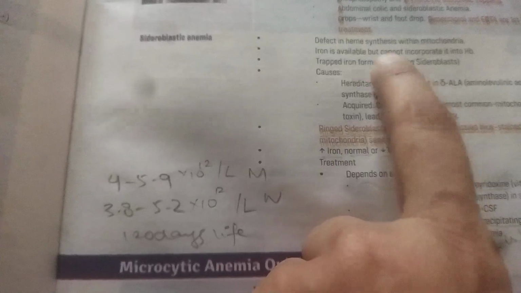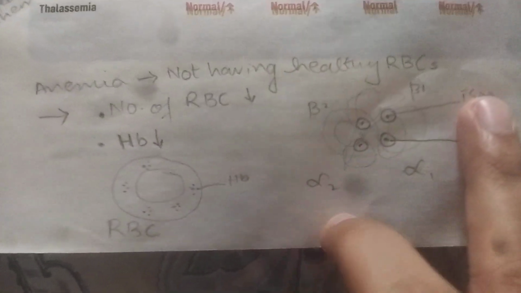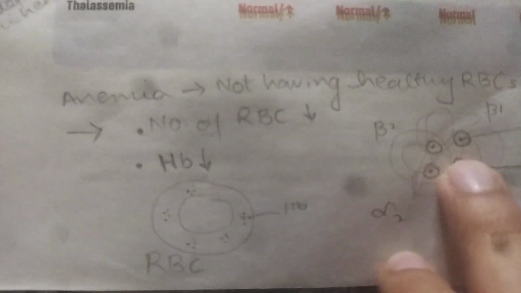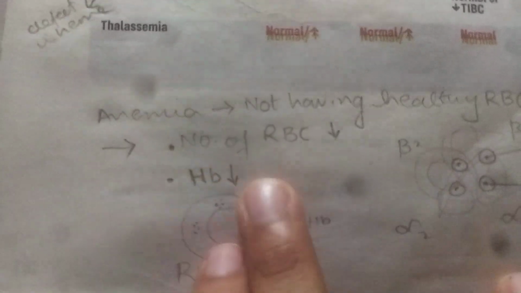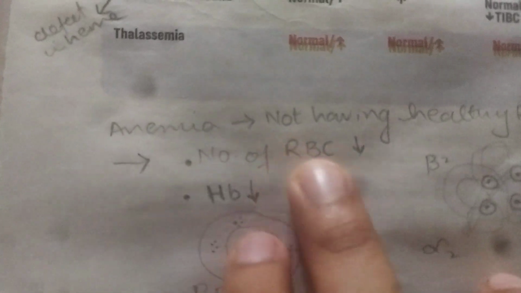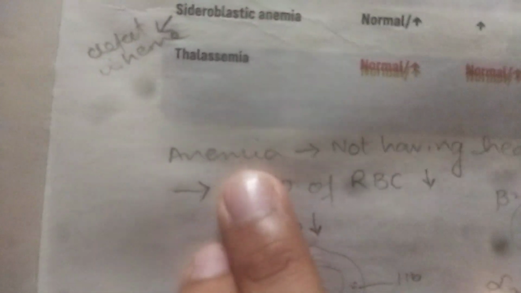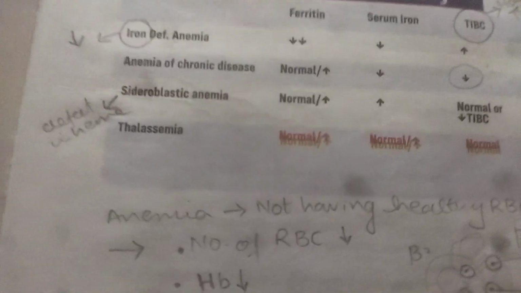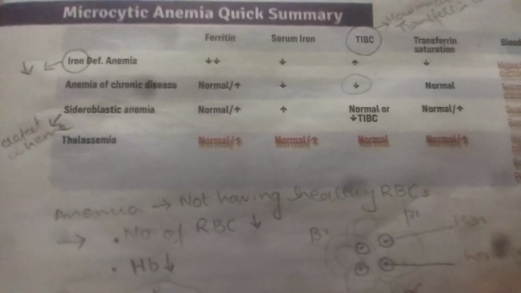So there is iron available, but it will not be incorporated into the heme. So there is faulty HB, and no normal HB is available to the RBCs. So anemia will take place, as enough oxygen is not provided to the cells. I think you got all this.